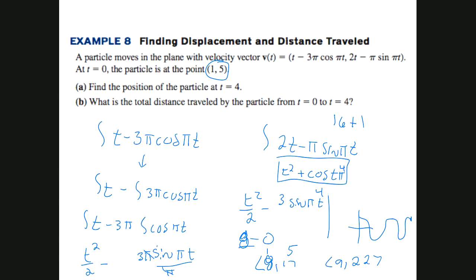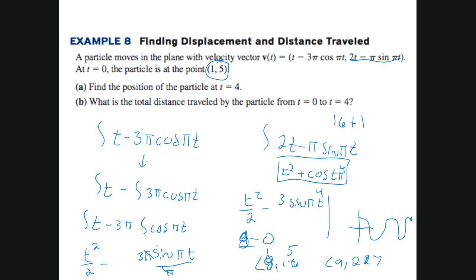I don't think it's 17 though. I think I messed something up here, because the book has 16 here for this value, and then you add 1, you'd end up with 21. I don't know what I did wrong here taking the integral.